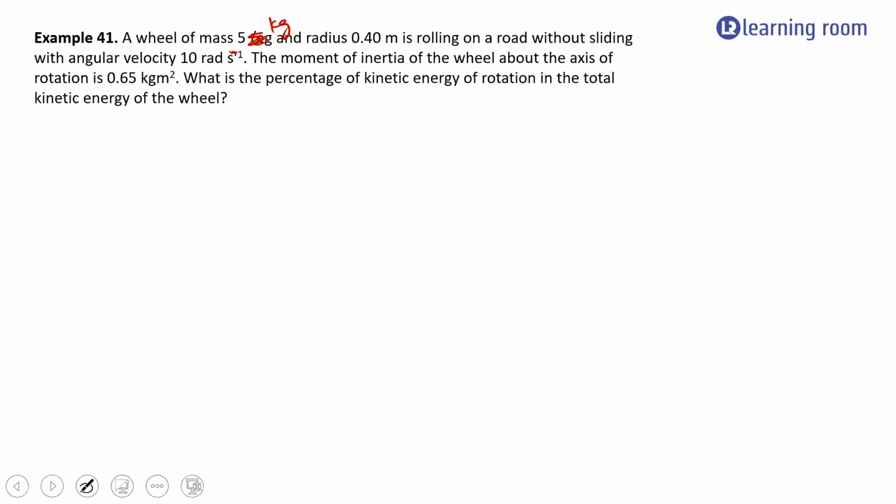This problem I will take. Whatever it is, the approach is more important. Actually, the problem should mention whether we consider a ring or a disc. Here it is not mentioned.